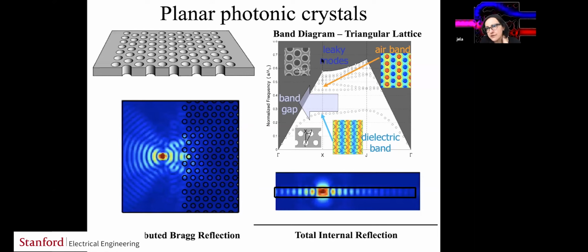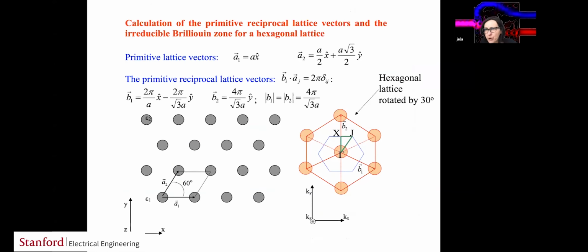You pick a K vector, right? You pick a unit cell, you excite all the possible frequencies and you do a Fourier transform to find peaks, right? But K is constrained. And then you change the K vector, and depending on what discretization you use for K, that would imply the step size in the K direction. So in this case, I use 12 points per direction, which is why you see this step, right? But these are complicated things. You have to do it numerically, and you cannot really solve for the band diagram of this analytically. You can approximately find the band gap, but you cannot really solve it analytically.